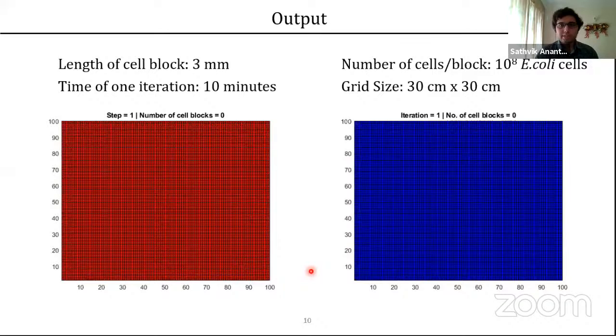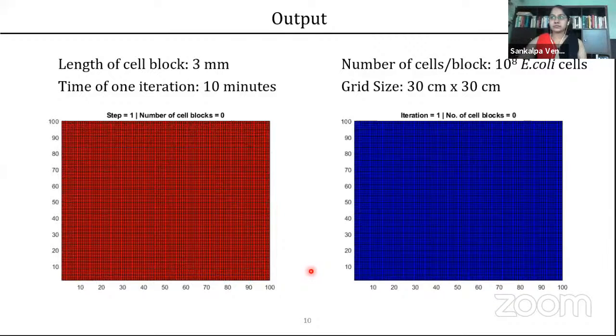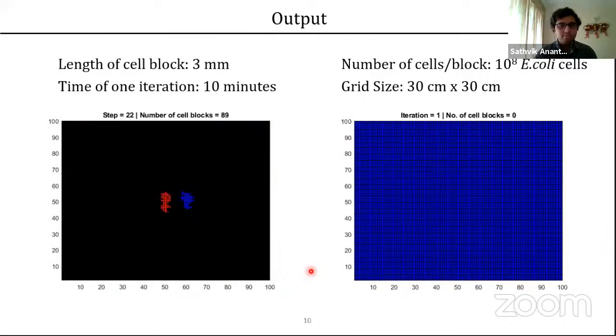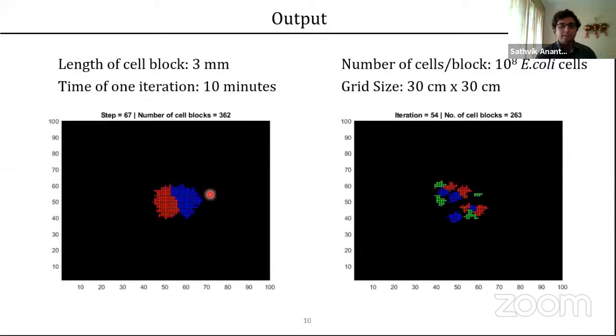So this is what a run being seeded randomly across the plate looks like. In these runs, a useful thing to remember is that each cell block is 3 millimeters long.